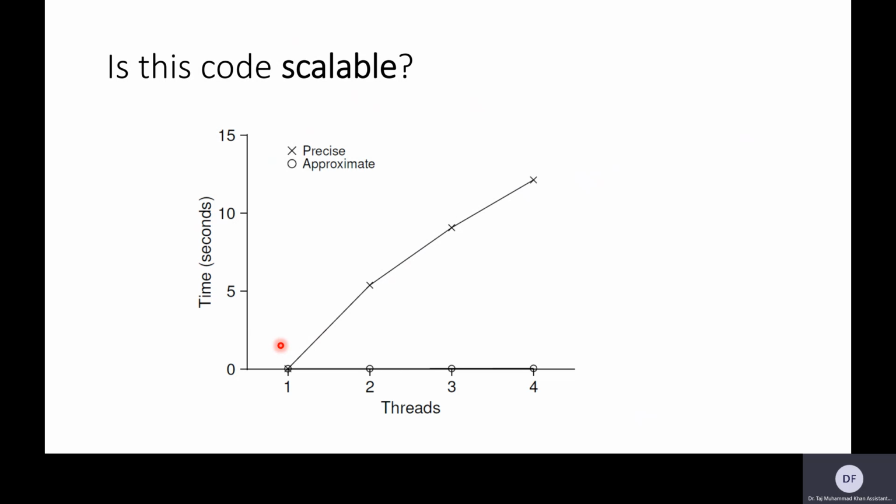So in this particular example, this counting scheme is not very scalable, because as the number of threads increases, most of the threads are just waiting and not doing useful work.